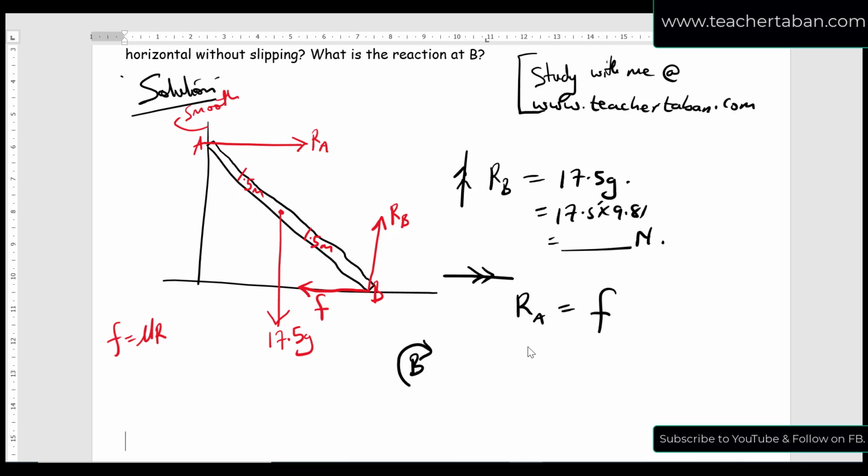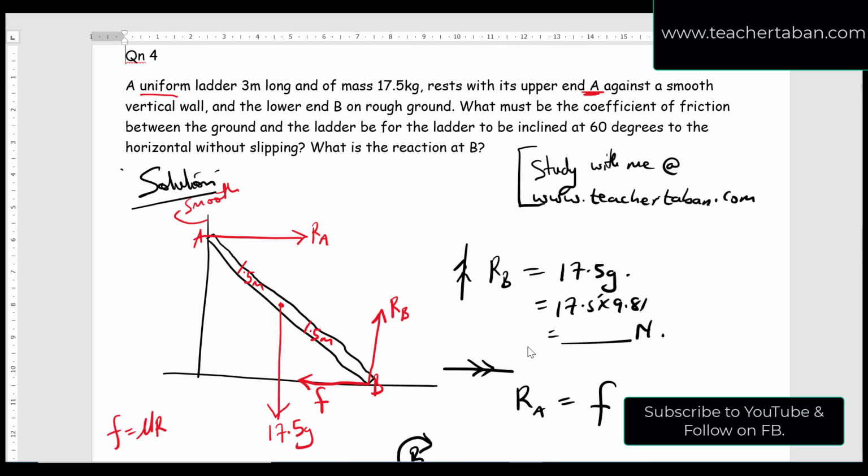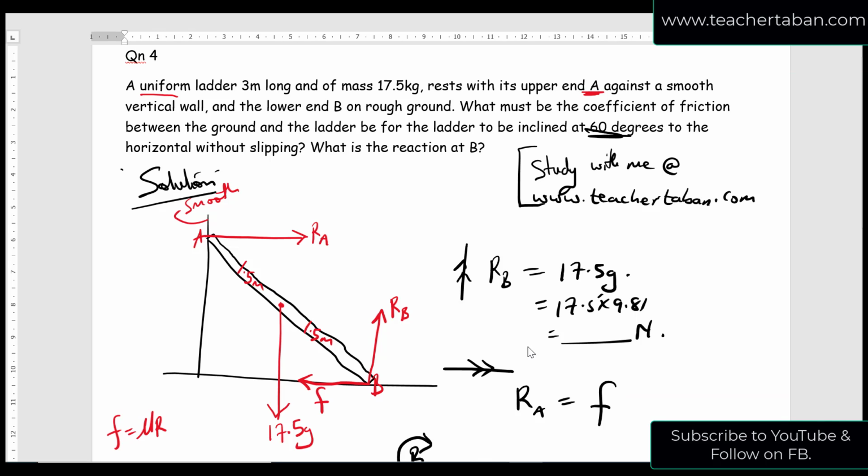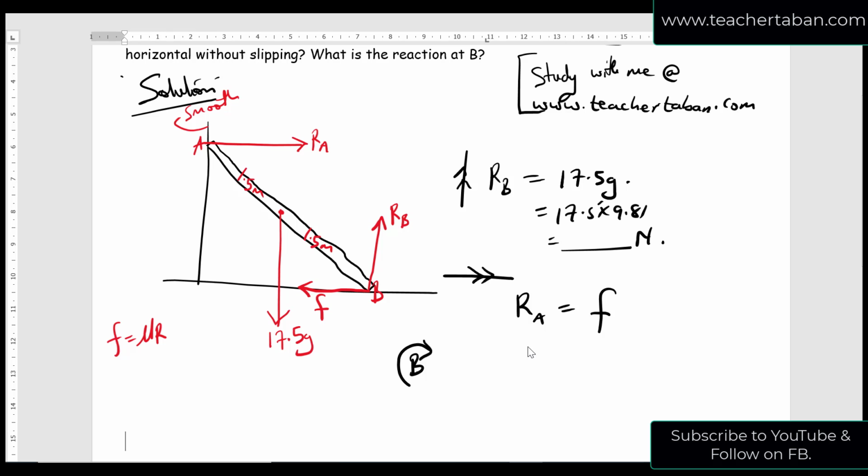And at this point here, we're given the angle to the horizontal as 60 degrees. This is 60 degrees, meaning that this angle here is 60 degrees, the same as this angle here, 60 degrees. So taking moments about point B, our frictional force acts at this point here along this direction.